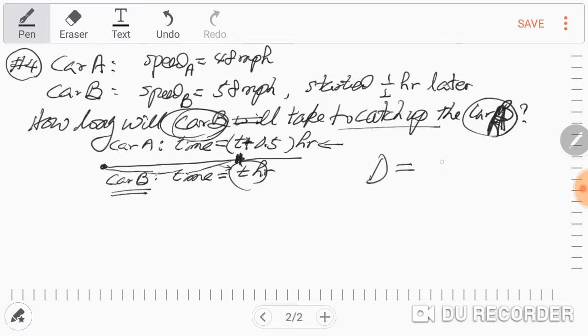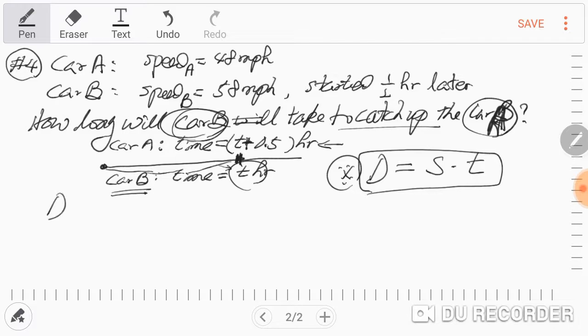Distance is speed times the number of hours. We can use this formula. So the total distance that car A traveled should be equal to the total distance that car B traveled, because once car B catches up to car A, the total distance is the same. Of course, the time is different and the speeds are different. So based on this, let's write an equation.